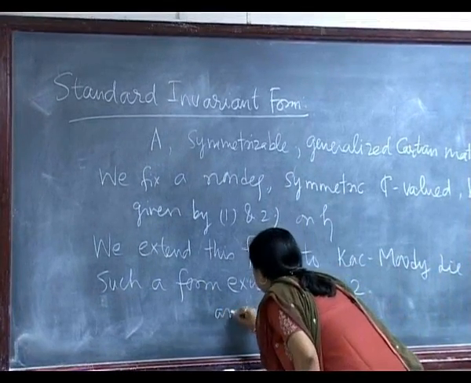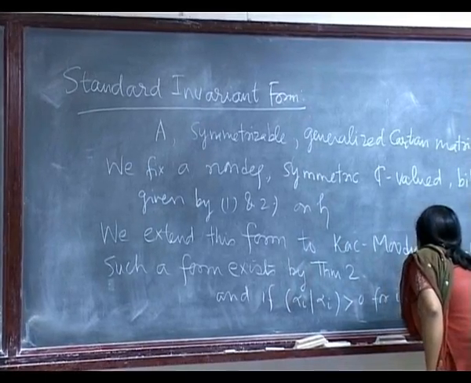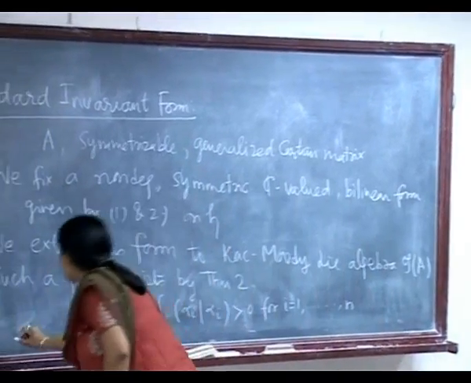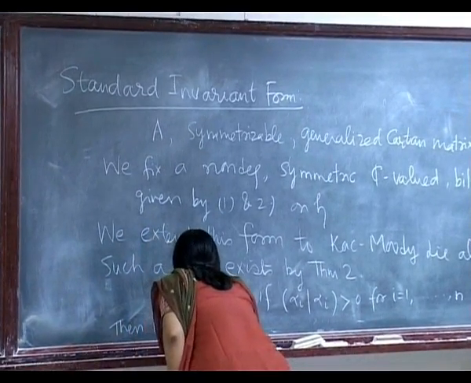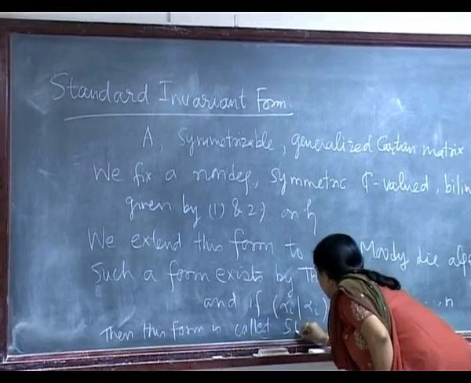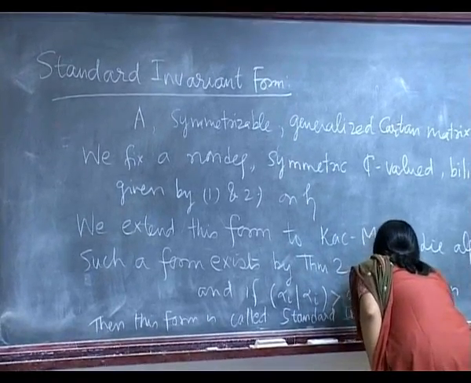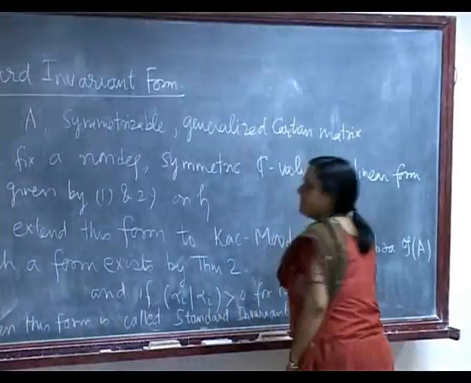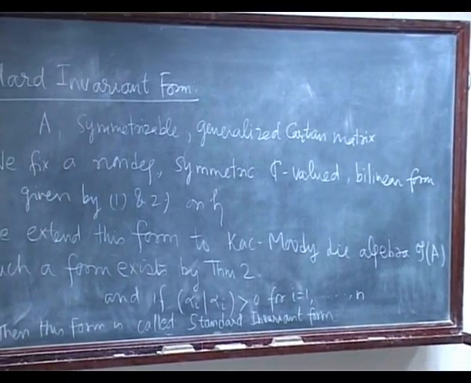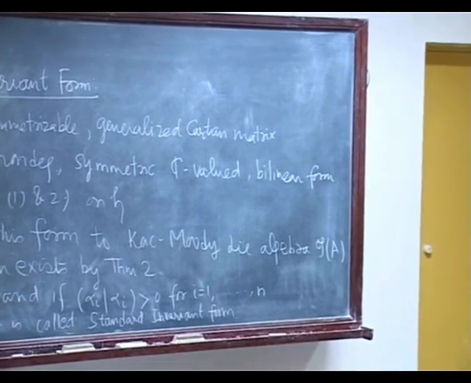And if alpha I is greater than 0 for I varies from 1 to n, then this form is called the standard invariant form.